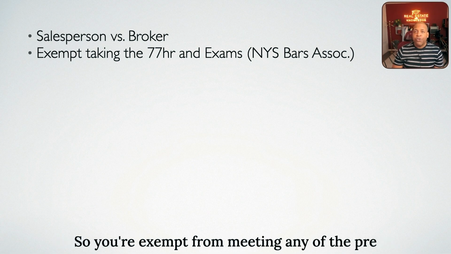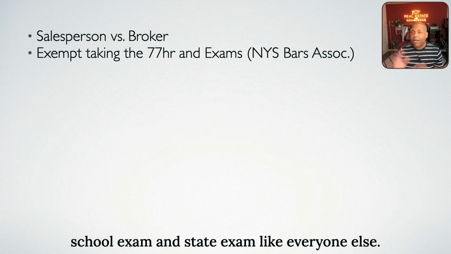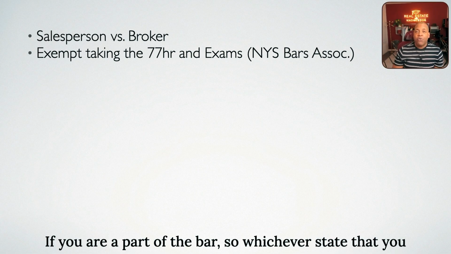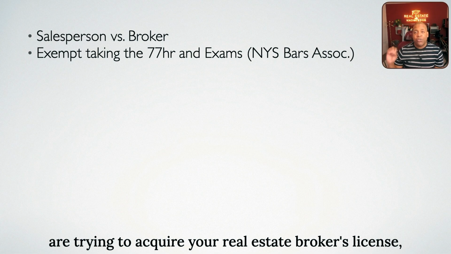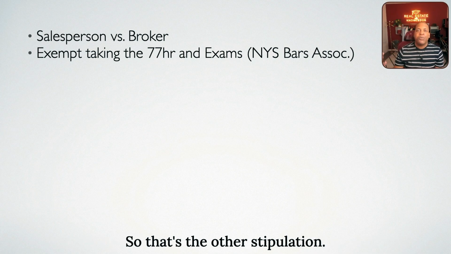So you're exempt from meeting any other pre-licensing requirements, as well as taking the school exam and state exam like everyone else, if you are a part of the bar in whichever state you are trying to acquire your real estate broker's license, and you agree that you're not going to hire any agents. So that's the other stipulation.